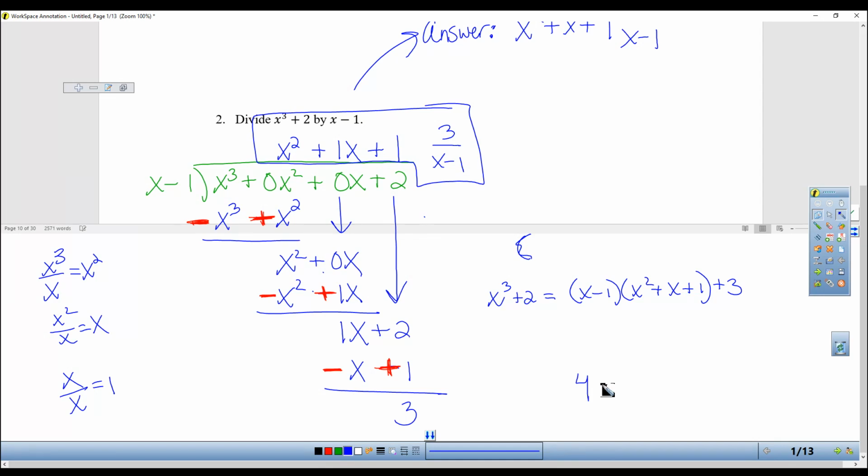From when you have something like 4 and 3/5, that's the same as 5 times 4, 23/5. And the little mechanism by which you've always done that is 5 times 4 plus 3. So that's what this is doing: x minus 1 times x squared plus x plus 1 plus 3. Do I need you to do that? No, but in that section of your homework, you need to recognize those answers.